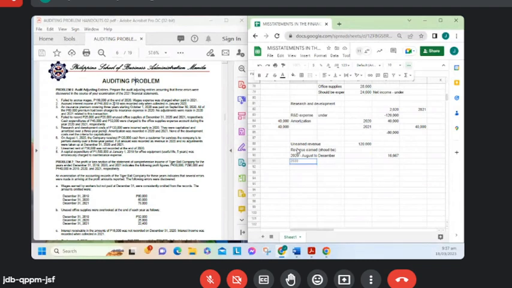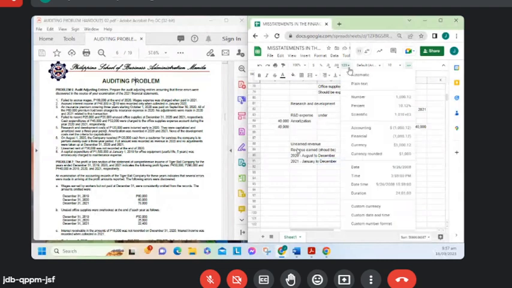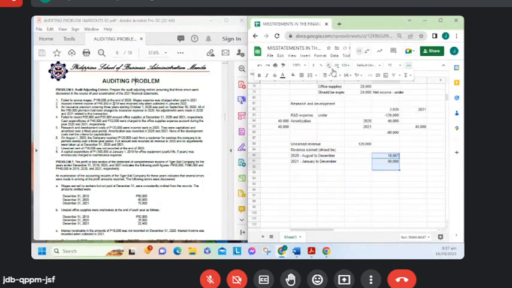In 2021, that's a full year, January to December. So that's 120 divided by 3. Okay. Then in 2022, that's a full year as well.